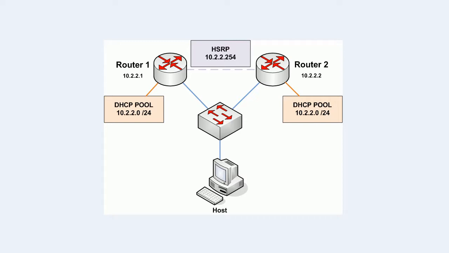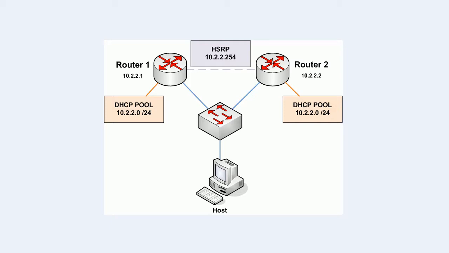Because if you imagine you picked up an IP address from router 1 in this pool, and then router 1 goes down, then the host will still be able to communicate on the network. But if another device joins the network, you could end up with an IP conflict, because router 2 won't be the lease for the IP address that the host has been given. And then that means router 2 might give out the same IP address to a different host on the network.